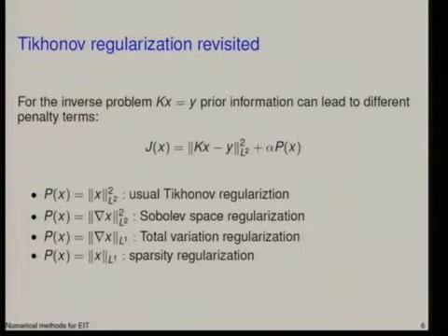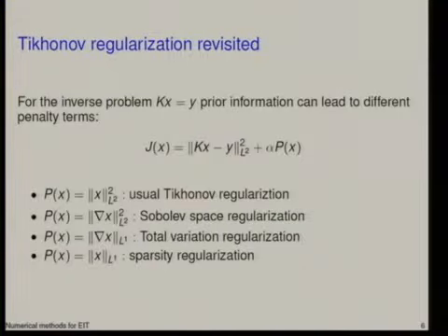But there are other choices, and very popular these days is total variation, which I think comes from image analysis mainly. You look at the gradient of x, but then you take the L1 norm of that. This total variation regularization favors something which is piecewise constant.